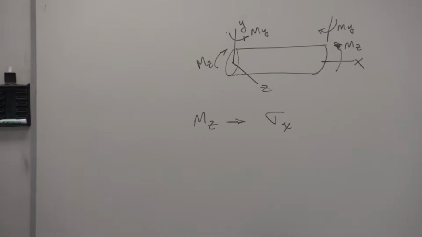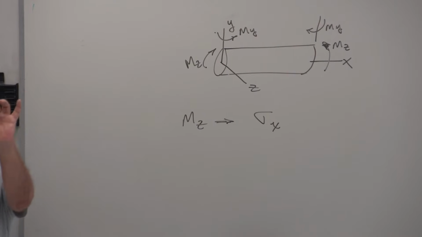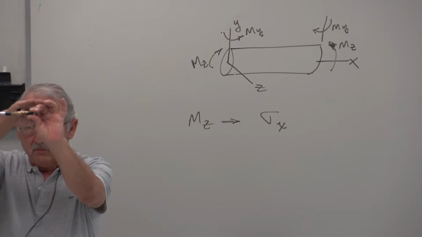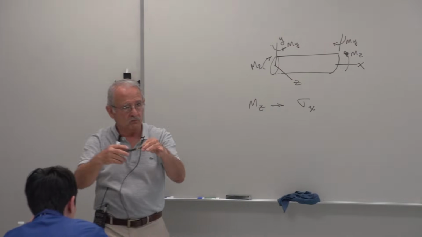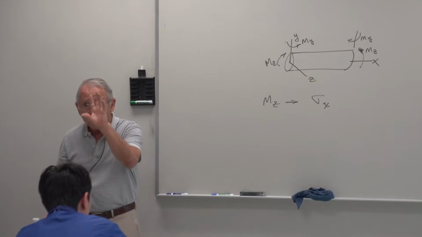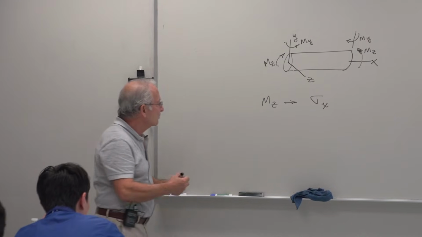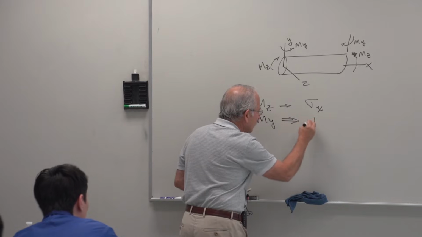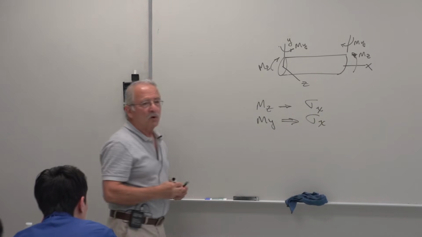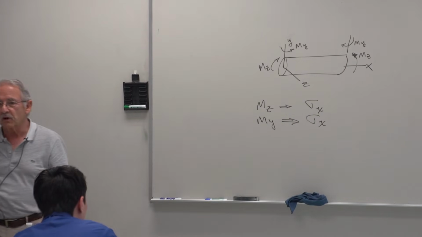So if I do this, this would be like Mz, this bends like this. If I do My, it bends towards you or towards me. So these are in two different directions. But regardless, they both give you a normal stress in the x direction.